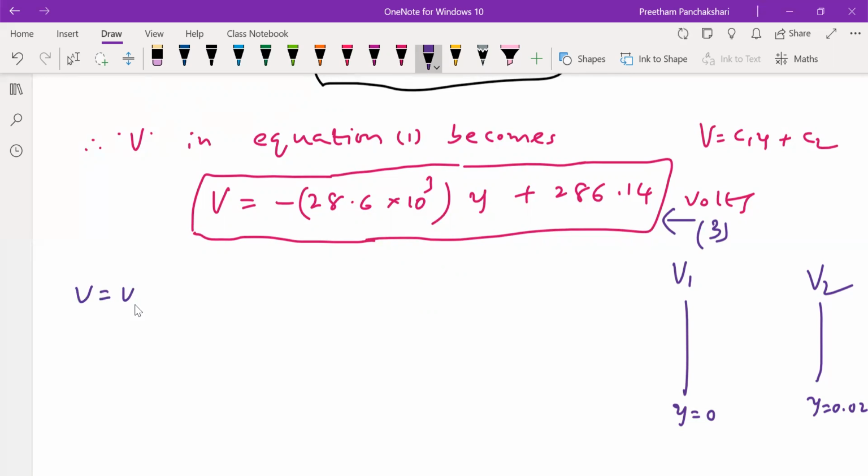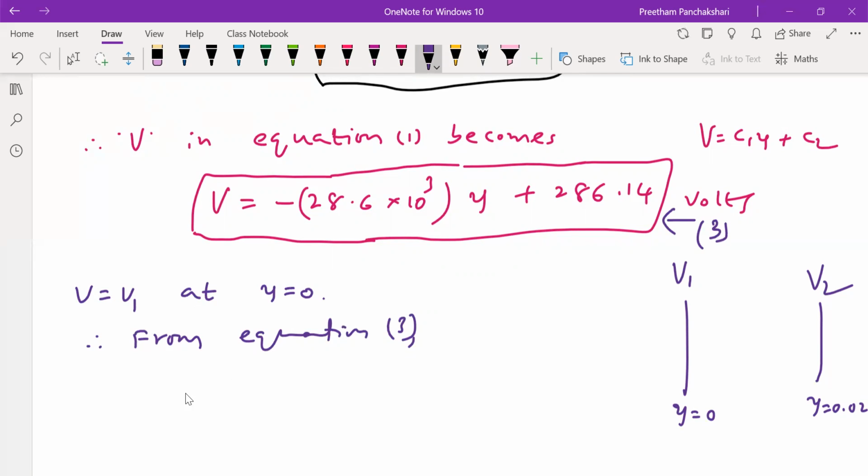V is equal to V1 at y equal to 0. Therefore, from equation 3, so equation 3 gives potential field voltage at every point.